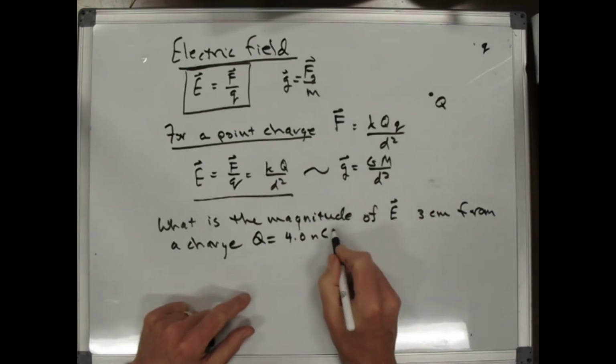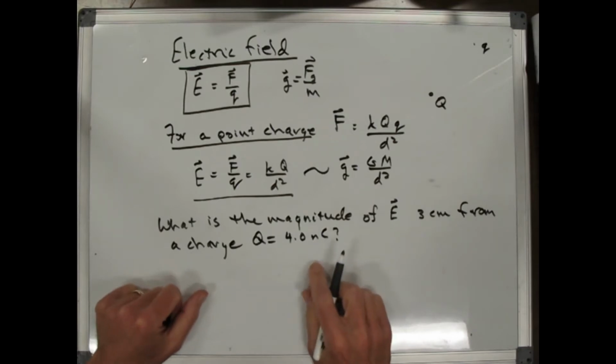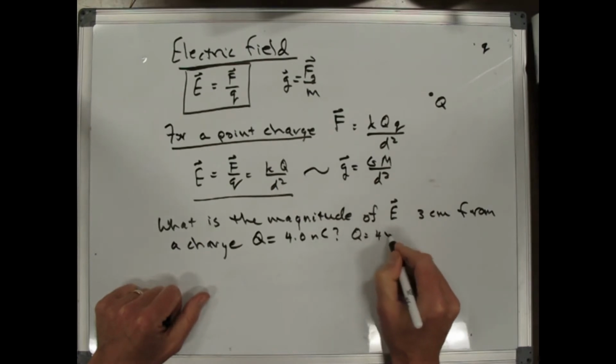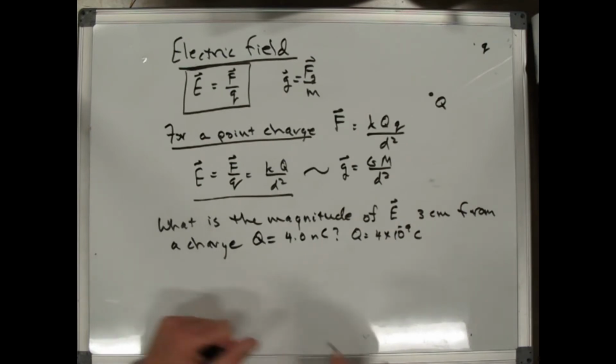so I can say, what is the magnitude of the electric field 3 centimeters from a charge Q equals 4 nanocoulombs, right? And that's equal to, Q is equal to 4 times 10 to the minus 9th coulombs. That's 10 to the minus 9th is nano, right?